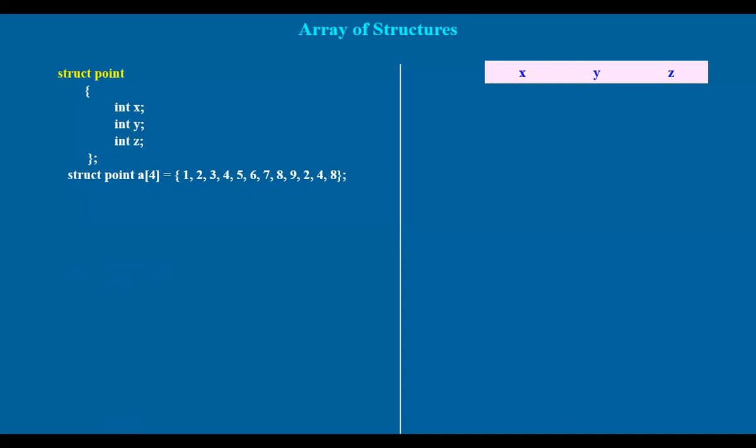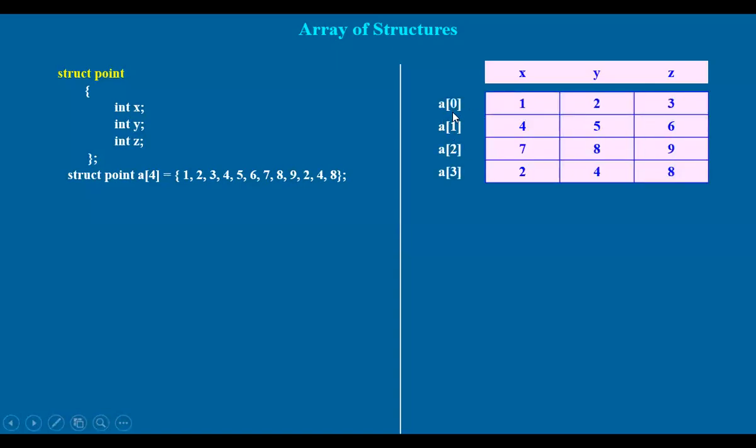Now, if you observe these values, they are put in the fields like this. The first three values are of variable A0, the second set of three values for the second variable A1, then A2, A3, like this. These values are stored here.